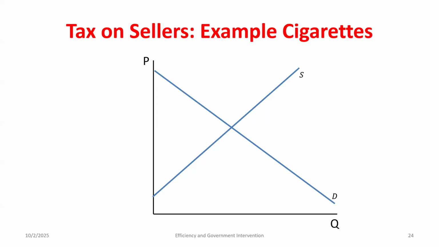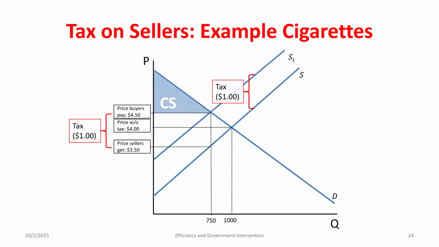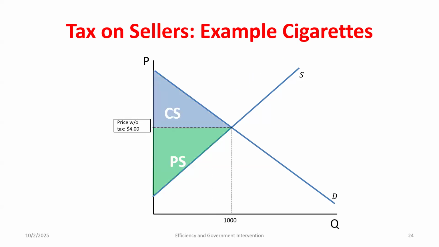Now, unlike price ceilings and price floors, it's a little bit trickier to think about what producer and consumer surplus are after we have this tax. So where is the new price? It's not the equilibrium price, but it's the price after this tax. The equilibrium would be if the government wasn't involved.